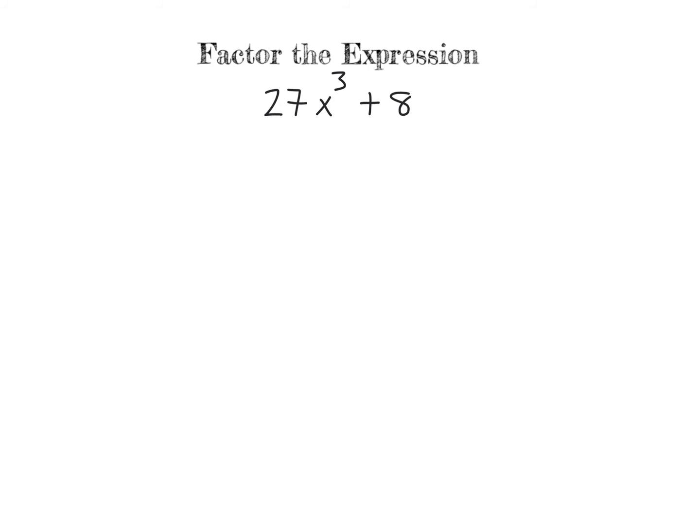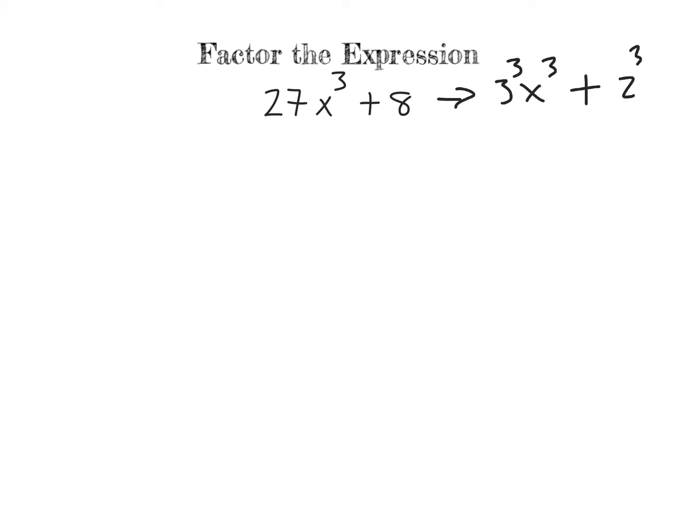Again, I want to identify here my cube roots of these two notations. So I want to be able to recognize that this actually stems from 3 cubed x cubed plus 2 cubed. 3 times 3 times 3 is 27. X times x times x is x cubed, and 2 times 2 times 2 gives you 8.